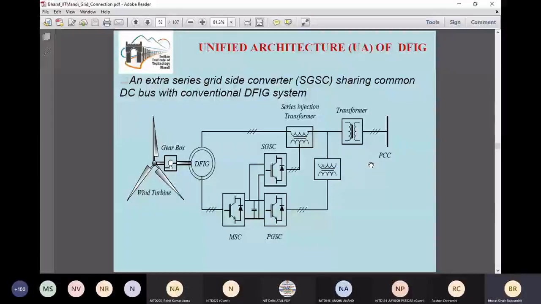Yes. So some of the researchers have also proposed an additional series grid side converter. In this case, we can see it is utilizing the same DC link voltage and SGSC is provided, which is injecting a series voltage in between the DFIG and the point of common coupling. Why is this being provided?